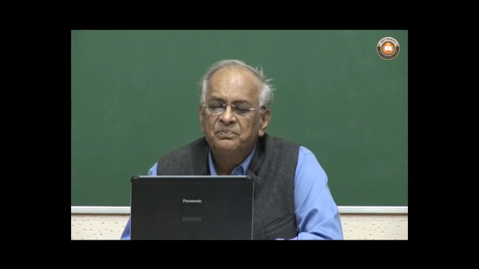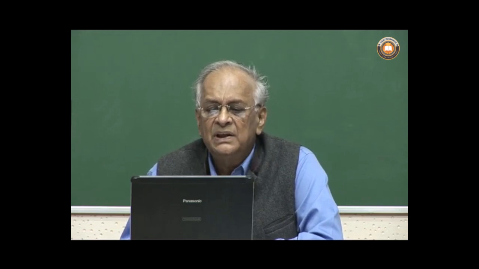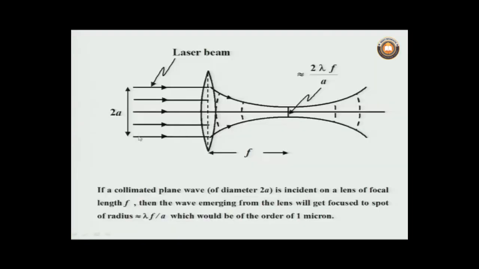In this diagram, we have shown a very directional light beam falling on an ordinary lens, and it gets focused to a tiny region whose diameter is about 2λf/a. Here λ is the wavelength of the light, f is the focal length of the lens, and 2a represents the diameter of the incident beam.